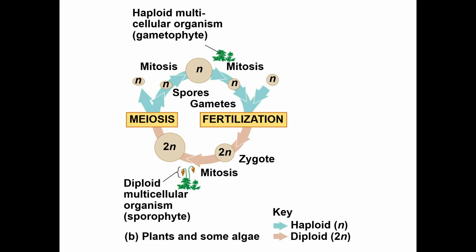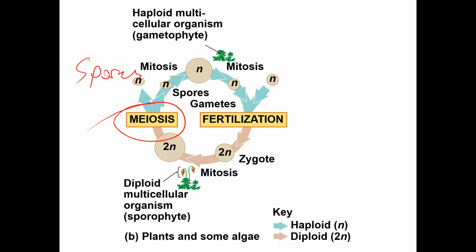Looking at the alternation of generations in plants, we have our little diploid multicellular organism, our sporophyte. Our sporophyte gives rise to individual spores through meiosis.